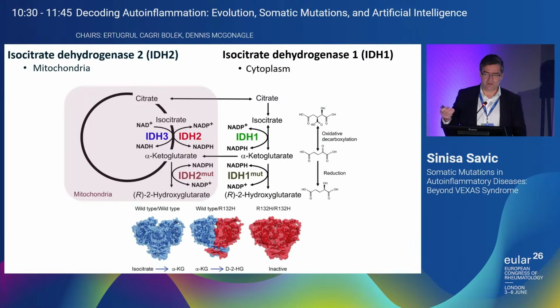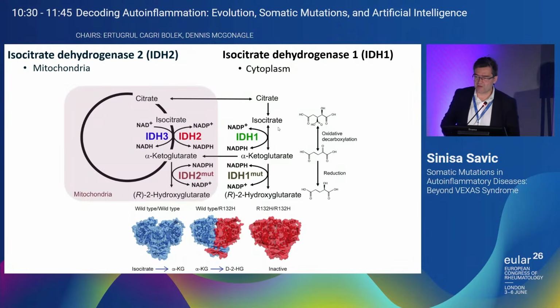Interestingly, with IDH, you have to go back to your Krebs cycle and basic biochemistry. These enzymes are part of the Krebs cycle, which allows glucose and other compounds to be broken down and ATP to be generated, ultimately for energy generation. IDH2 is found within the mitochondria, IDH1 within the cytoplasm. They essentially do the same thing, which is the catalyzed conversion of isocitrate to alpha-ketoglutarate.